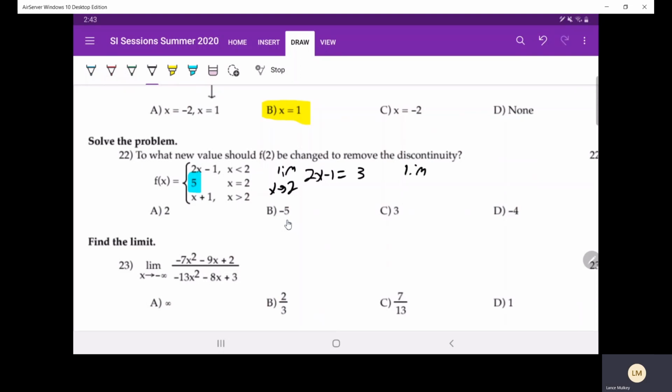And the limit as x approaches 2 of x plus 1 equals 3. Since both of those equal 3, at x equals 2 the value should be changed to 3 to make it continuous. That way you don't have to pick up your pencil to put another dot anywhere. You just go right there and it works.